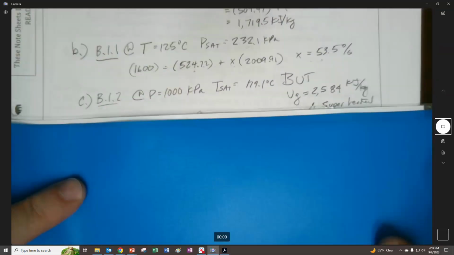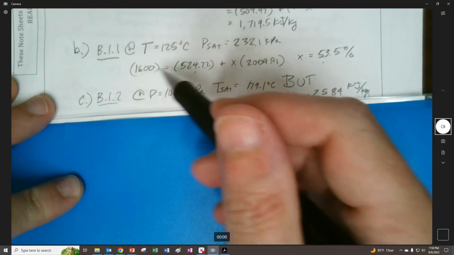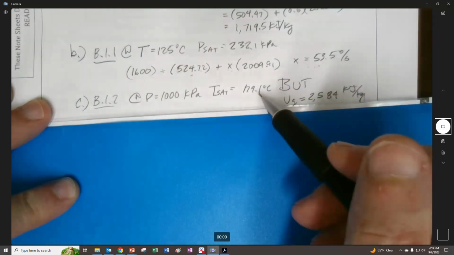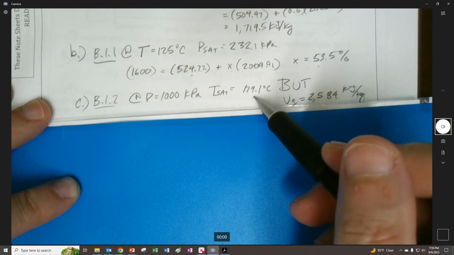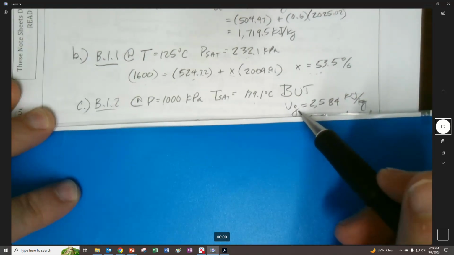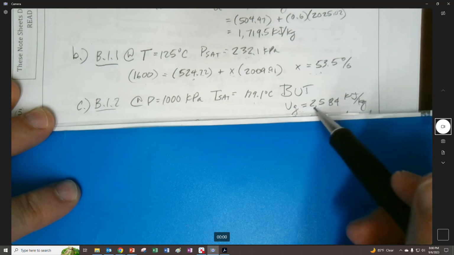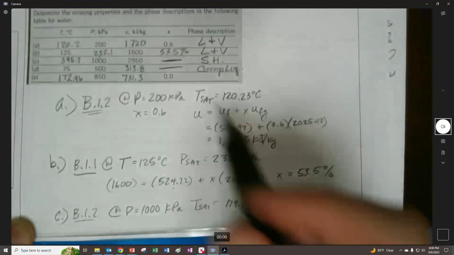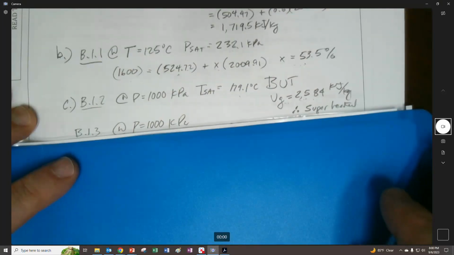So the first thing we do is look up in B.1.2. Here's the saturation temperature, but look at here. Here's the internal energy, and the internal energy for a gas is this, but we wanted 2950, right? So 2950 is greater than that, therefore it's superheated.